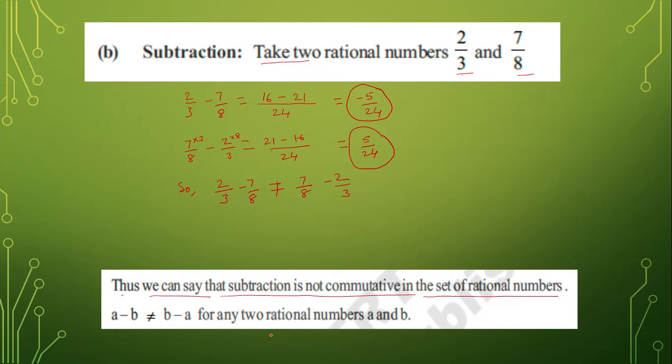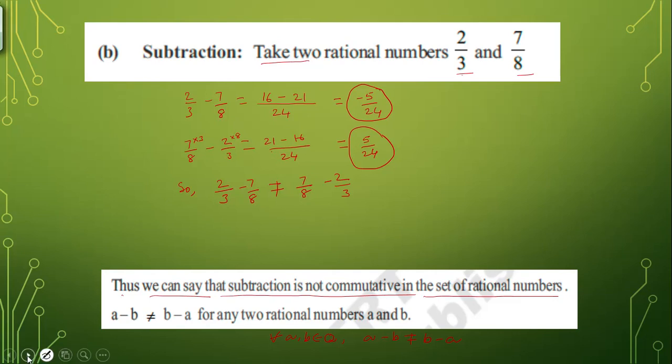You may write one more step here. For all a, b belongs to Q, a minus b is not equal to b minus a. Simply, you take any two rationals, a minus b is not equal to b minus a, hence subtraction is not commutative in rational numbers.